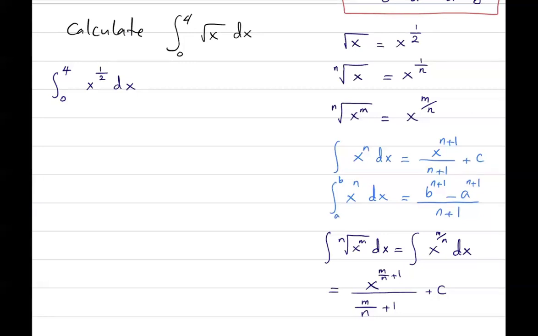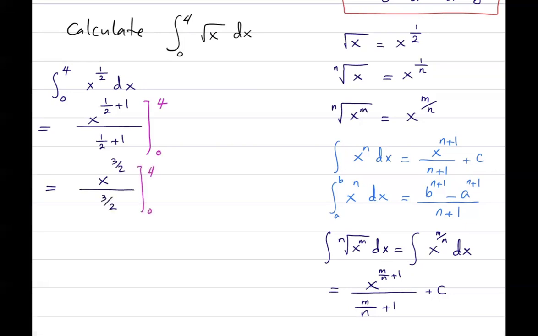Following the formula, it is equal to x to power a half plus 1 divided by a half plus 1, while x ranges between 0 to 4. This in turn can be written as x to power a half plus 1, which is 3 halves, divided by 3 halves, and x ranges between 0 to 4.